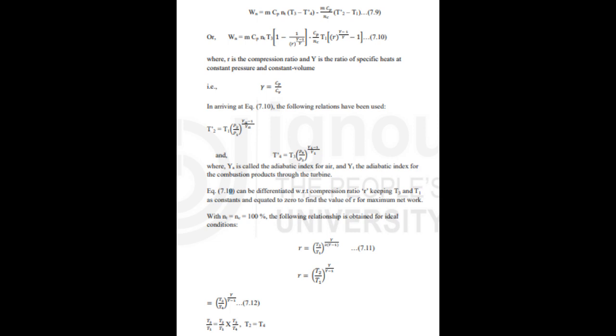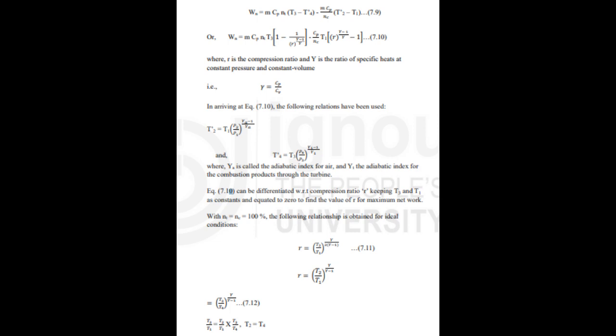If we can assume mt = ma = m, and Cpt = Cpa = Cp, equation 7.7 then becomes Wn = m Cp [(T3 − T4') − (T2' − T1)], (7.8), where Cp is the specific heat at constant pressure.